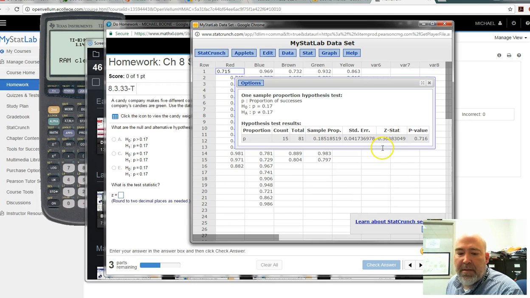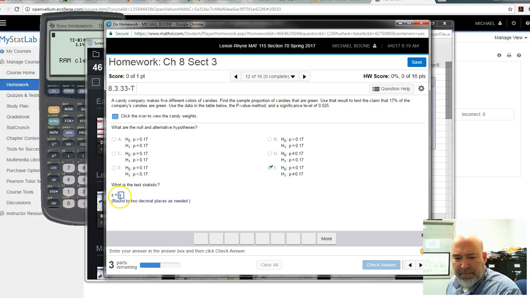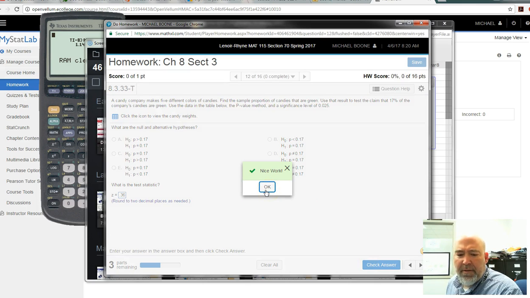Here's my test statistic to 2 decimal places: 0.36. So let's go over here. We'll get a 0.36 in there. And we'll check that. And looks good. And then they're going to probably ask for a p-value.